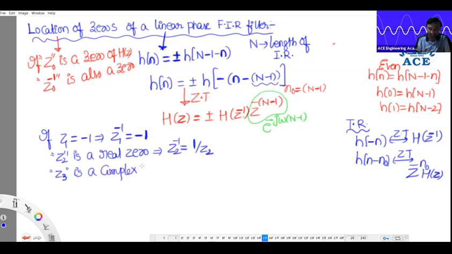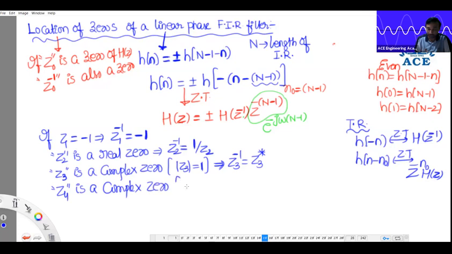If Z3 is a complex zero having magnitude 1, then Z3 inverse is Z3 conjugate. If you take a complex zero with magnitude 1, Z3 inverse is the conjugate of Z3. And the last condition: if Z4 is a complex zero with magnitude not equal to 1, what are the roots?